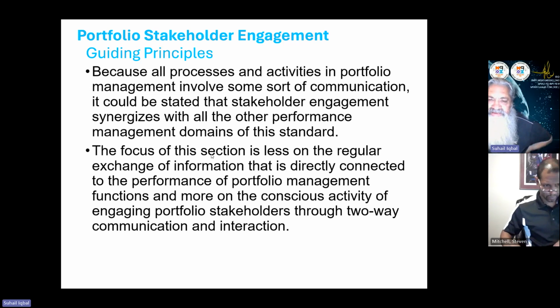The focus of this section is less on the regular exchange of information that is directly connected to the performance of portfolio management function and more on the conscious activity of engaging portfolio stakeholders through two-way communication.